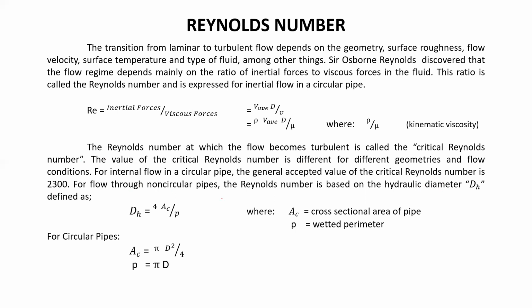For flow through non-circular pipes, the Reynolds number is based on the hydraulic diameter, or yung ating D sub H, and is defined as 4Ac over P. Yung Ac natin is yung cross-sectional area ng pipe, and then yung P is the wetted perimeter of that particular pipe. And for circular pipes, yung ating P, or yung wetted perimeter, is pi D, and then yung Ac natin is pi times D squared over 4.